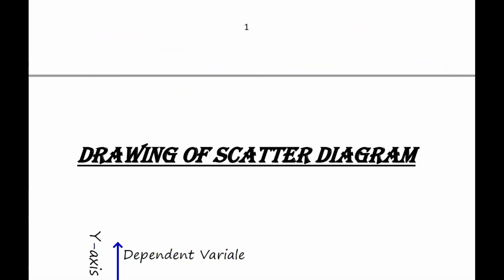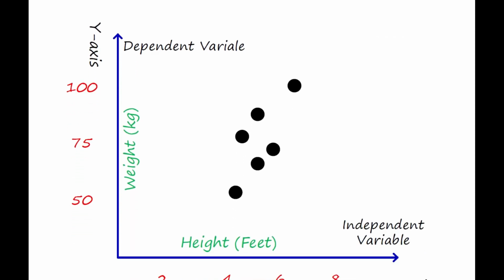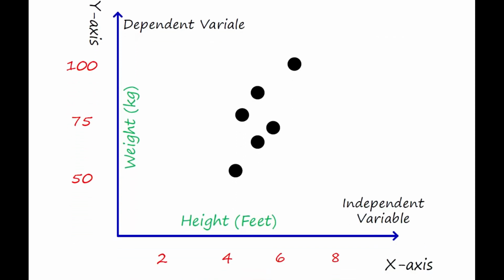We learn the scatter diagram with the help of a graph. Here is the graph of a scatter diagram. You can see this is the x-axis and this is the y-axis. The x-axis is also called the horizontal axis and the y-axis is called the vertical axis.